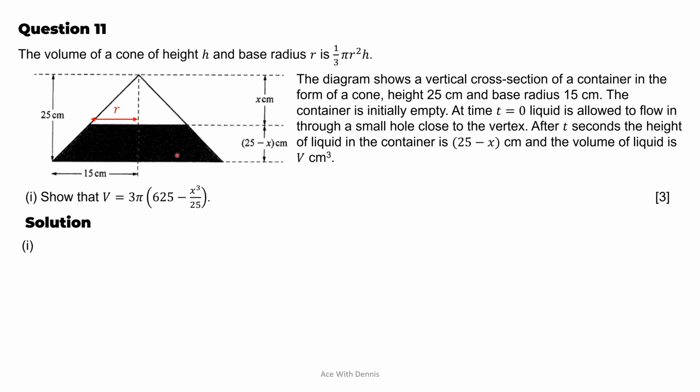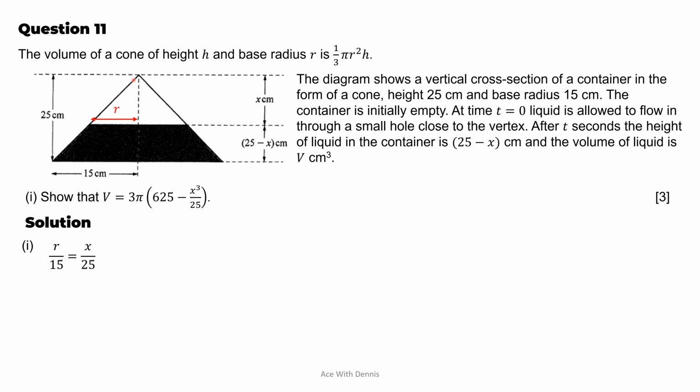So now we label this length as r, and the length above here, this is the bigger r. Okay, so we can see that this triangle is similar to this triangle. So therefore, we can form the ratio here: r over 15 equals x, the height of the smaller triangle, over 25, the height of the bigger triangle.